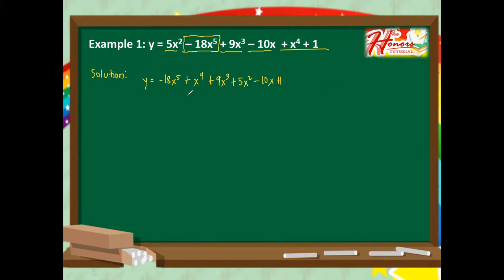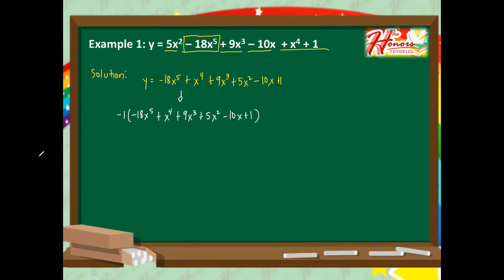Let me write it here below. So it will become negative 1 times negative 18x raised to 5 plus x raised to 4 plus 9x cubed plus 5x squared minus 10x plus 1.